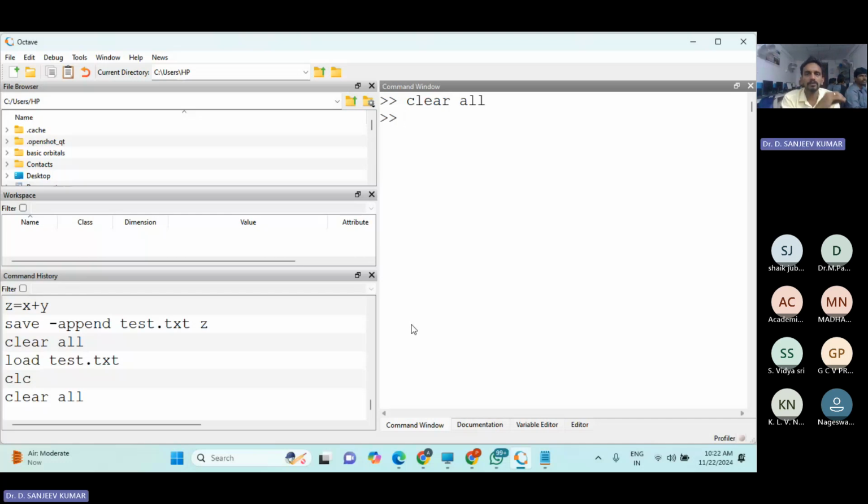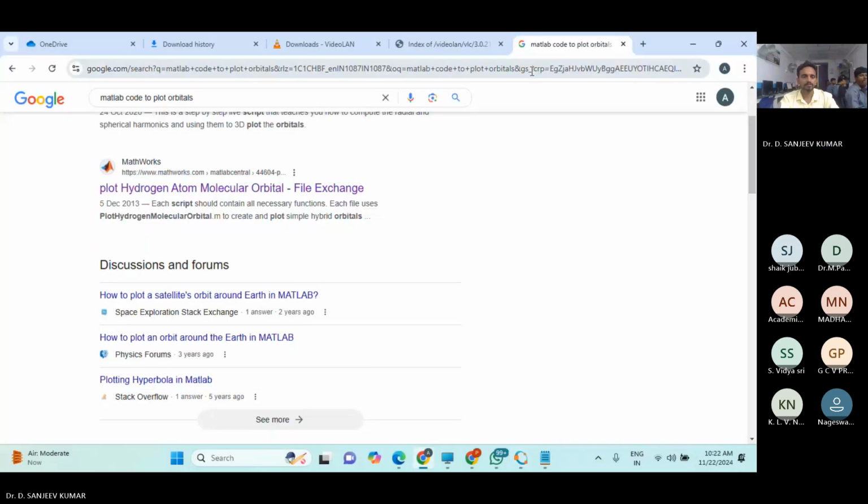The previous session was about Lissajous figures, drawing graphs. We'll continue with another topic, Fourier series. How to draw the Fourier series.